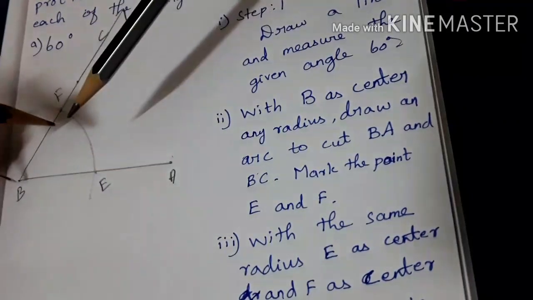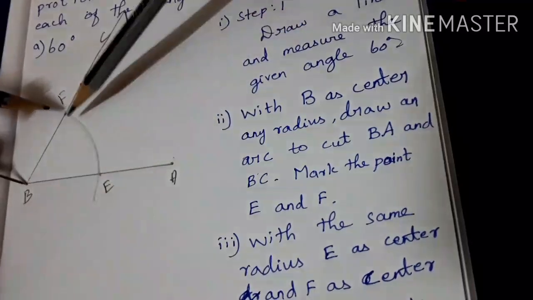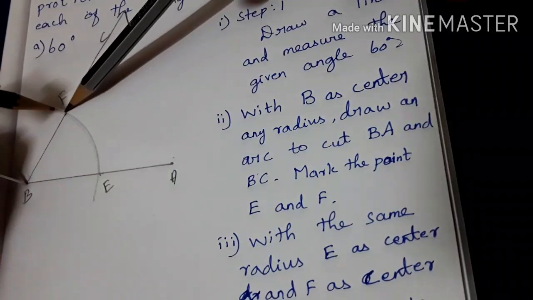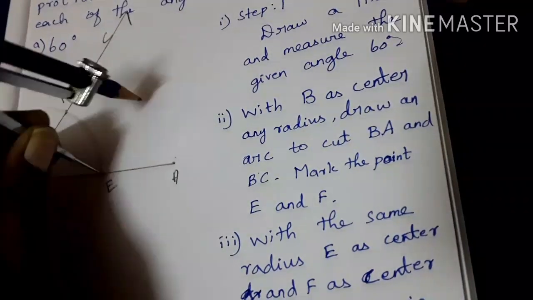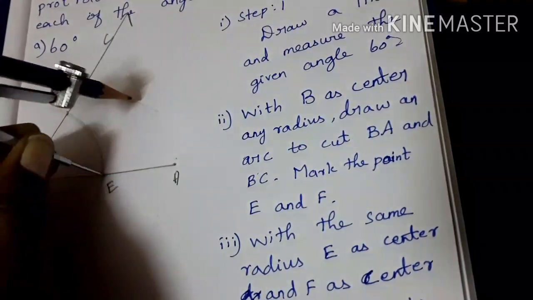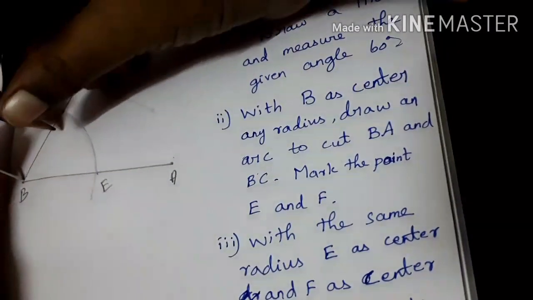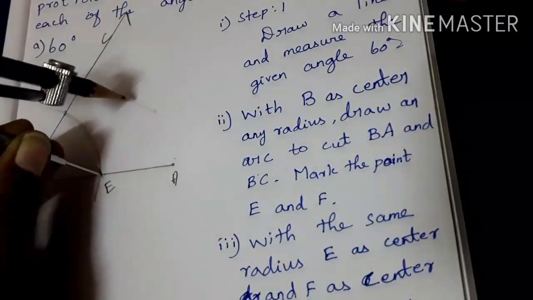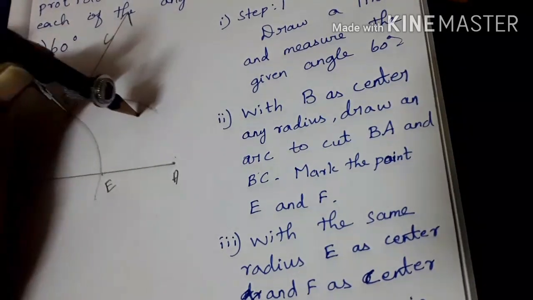Okay. With B as the center we draw one arc. The arc cuts BA and BC. Where it cuts BA, it is E. Where it cuts BC, it is F. Next step, with the same radius, no need to change the radius, E as a center, we draw one arc, and F as a center, you cut the arc.